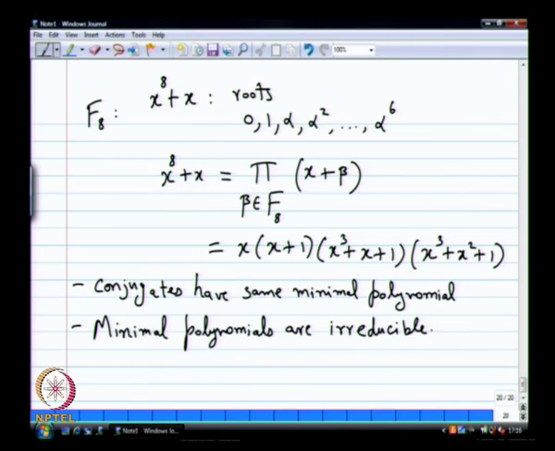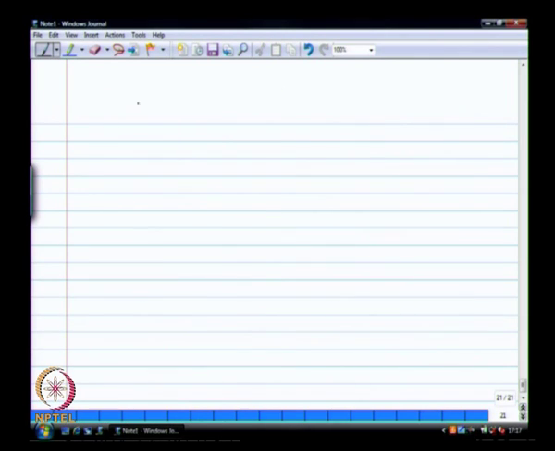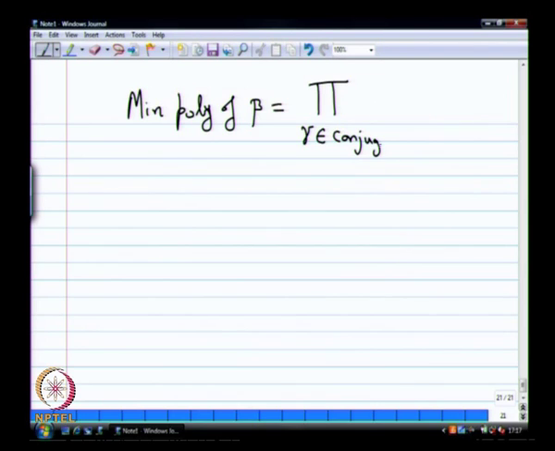The next statement, which is interesting to show, is: the minimal polynomial of beta equals the product, over gamma belonging to the conjugates of beta, of (x minus gamma).